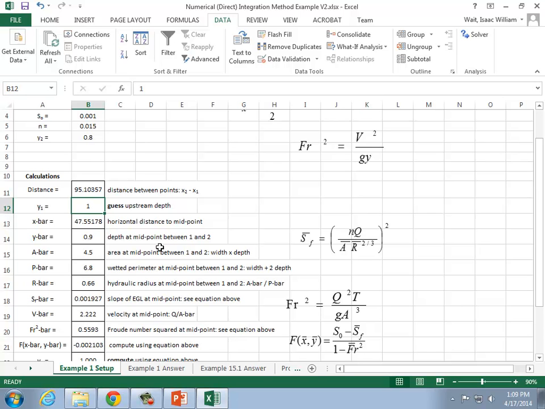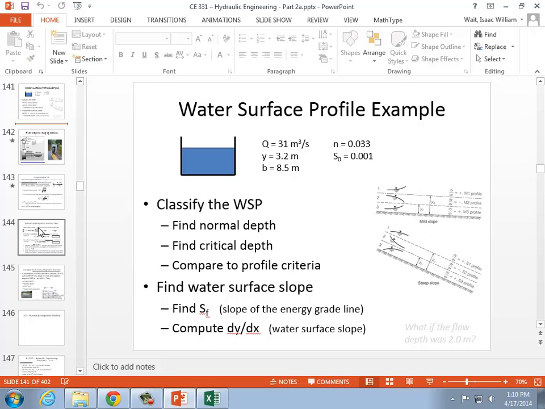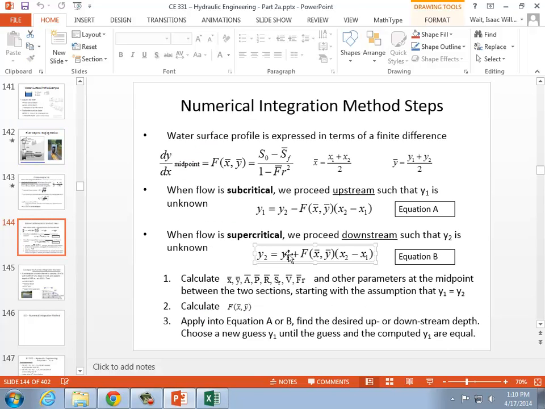But what I'd like you to find out is what is the length between these two locations. So apply the same process, with the exception that because we've got supercritical flow, in this case you're going to be applying the second of these two equations. You're going to say, well, we've got supercritical flow, so this is what you'll use to solve for y2.